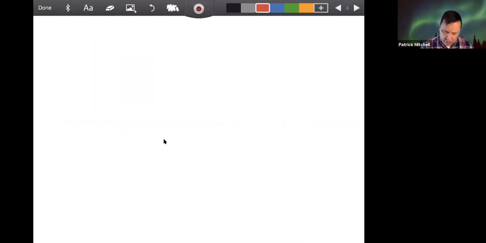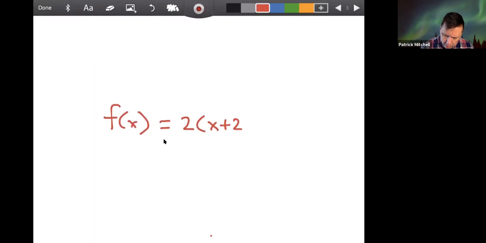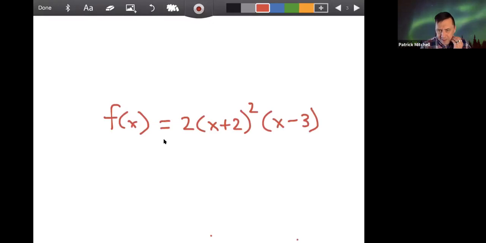Okay, what was this function again? I think it was f of x equals 2 times x plus 2 squared times x minus 3. Okay, so if I set that equal to 0, the only way that thing could equal 0, of course 2 can't equal 0.